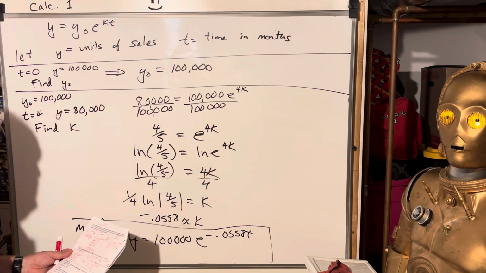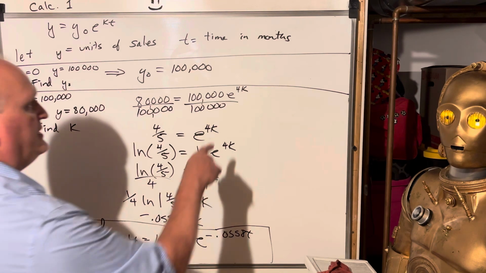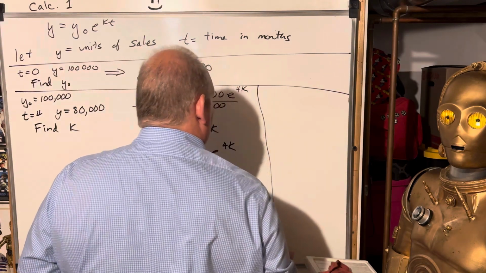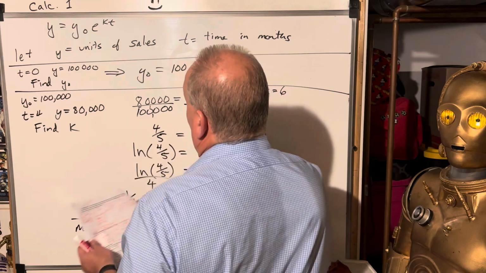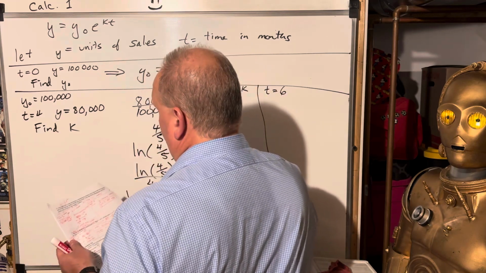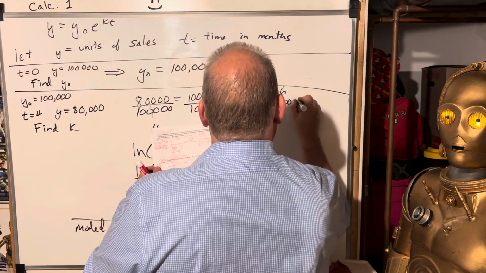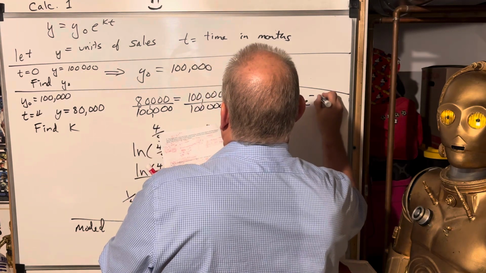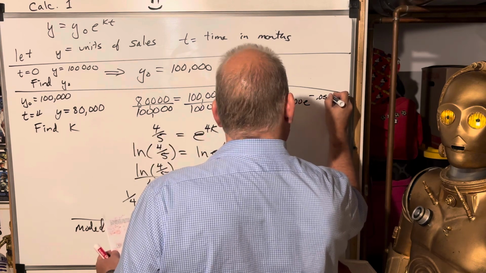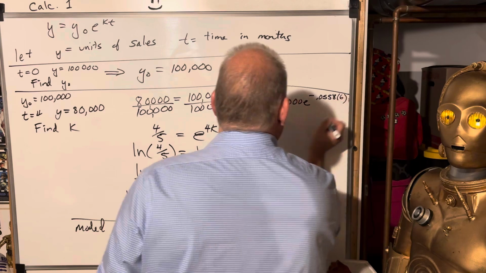So now they want to know after what? 2 months. So 2 months past our 4-month period. What does that make it? 6 months. So when t is 6 months after the initial condition of 100,000, we got y equals 100,000 e to the negative 0.0558 times 6.